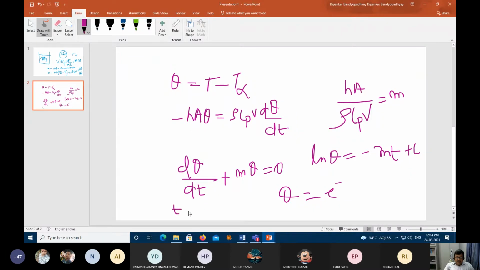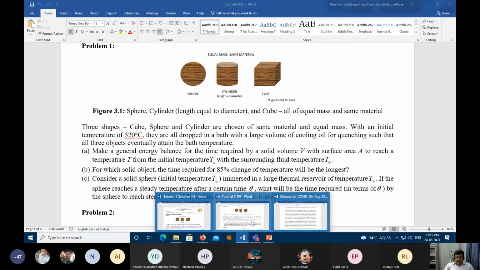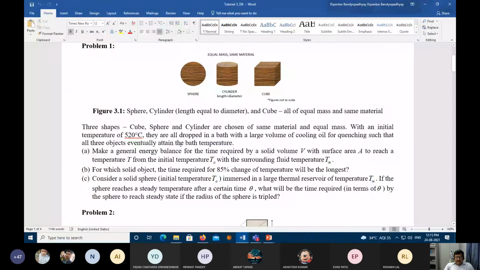At t equal to 0, theta equal to what? Theta 0, right? Which is equal to T0 minus T infinity. Because if you notice the problem, with an initial temperature of 520 degrees, it is given, that is theta 0, correct?